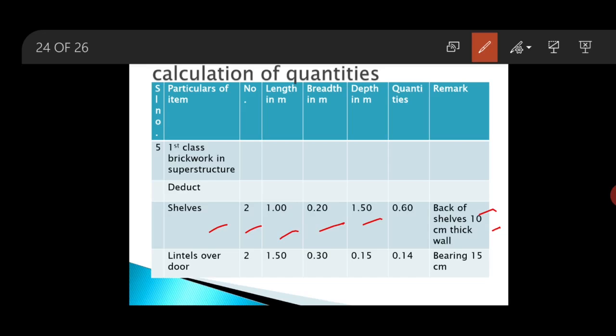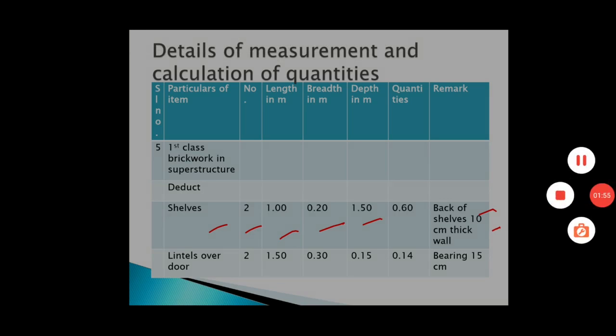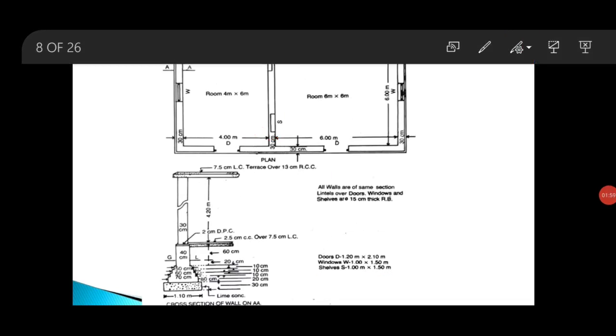Now we will move to the lintel. So what is the size of the lintel over door, window and shelf? So now we will move again to our plan. Okay.